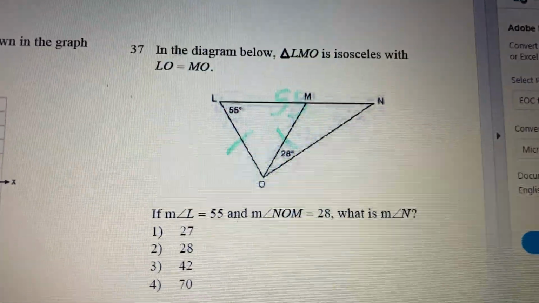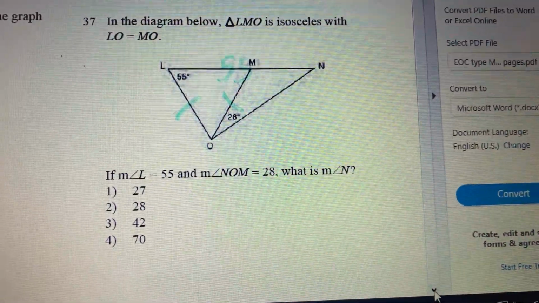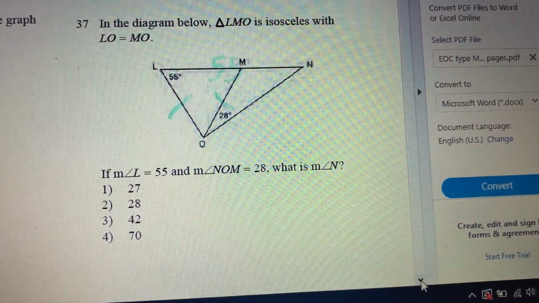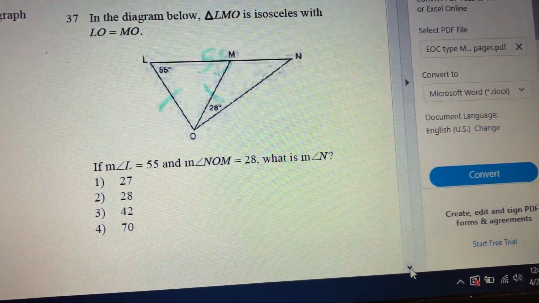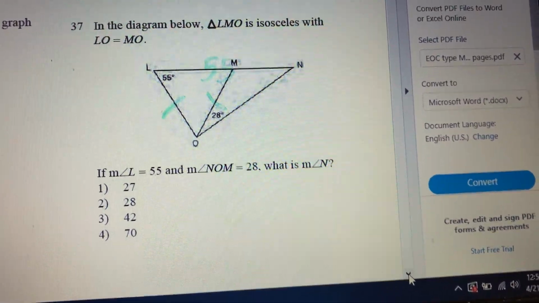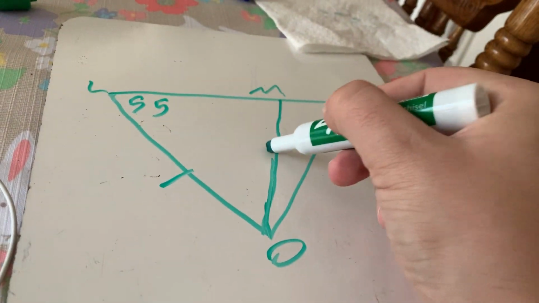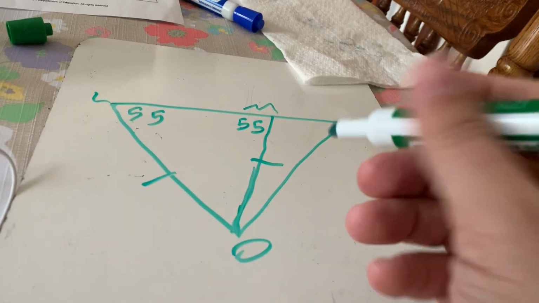I'm gonna draw it on my whiteboard so y'all can see it better, okay? But that is how you would start this one off. Okay? L, M, N, O. All right, so those are congruent. So that's 55, that's 55, okay?